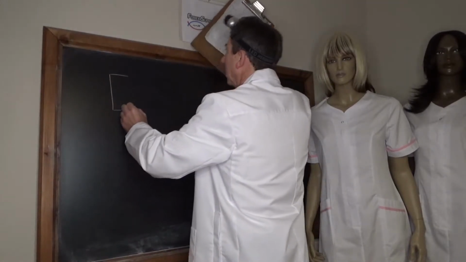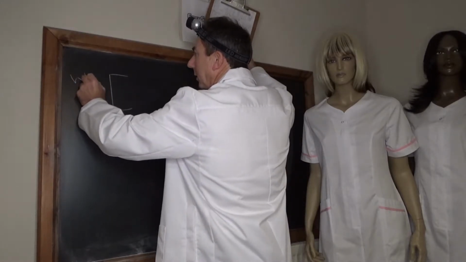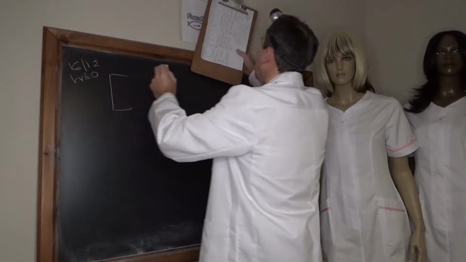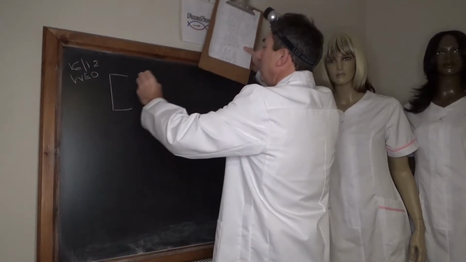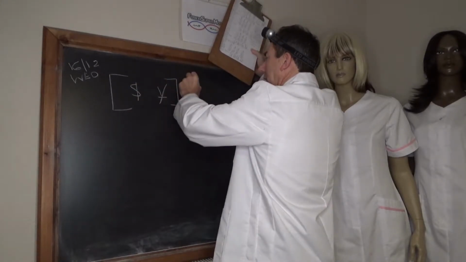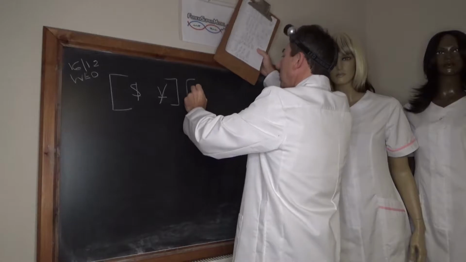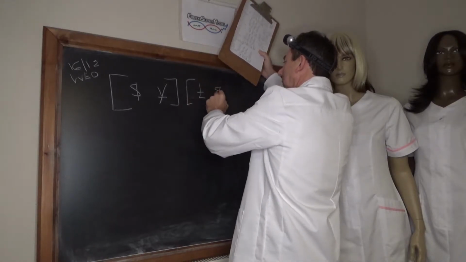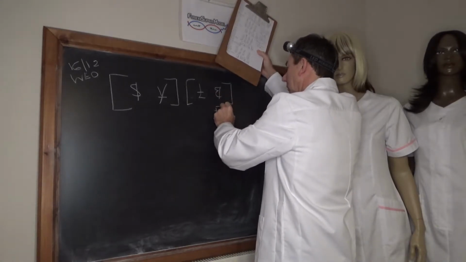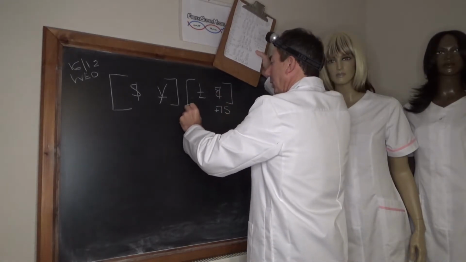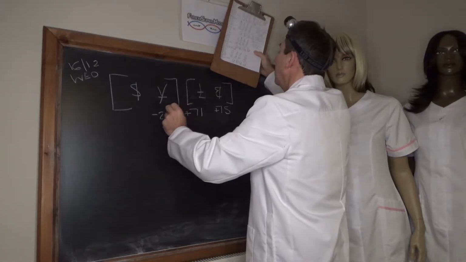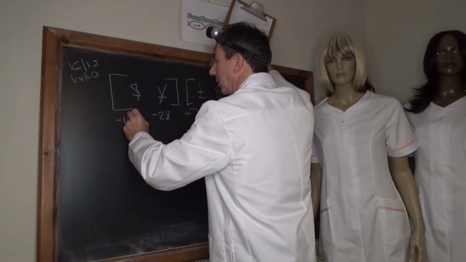Yesterday, which was Wednesday the 16th, what do we have? We had dollar and yen on the negative and pound euro on the positive, plus 75 on the euro, plus 71 on the pound, minus 28 on the yen, and minus 118 on the dollar.